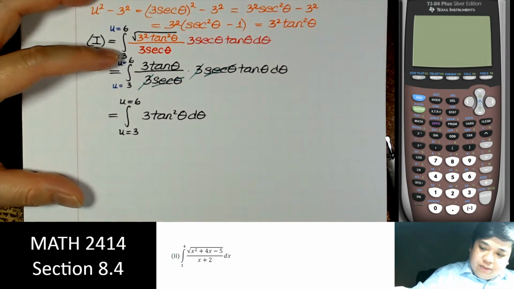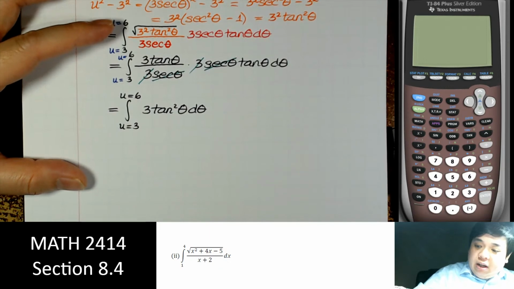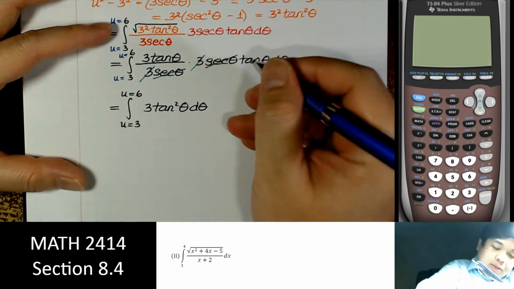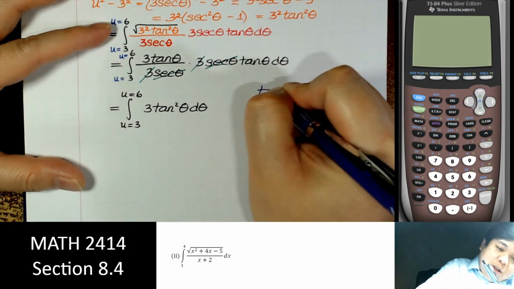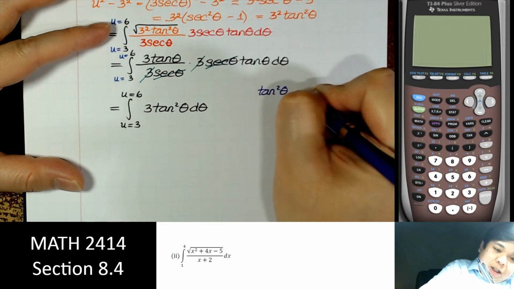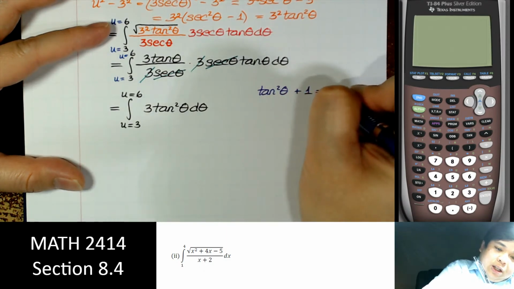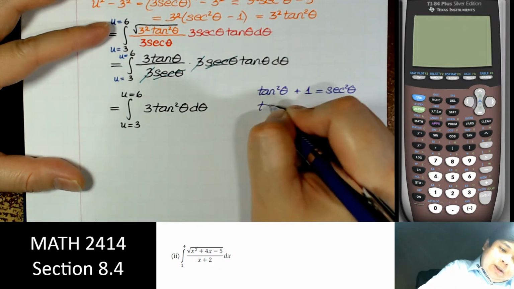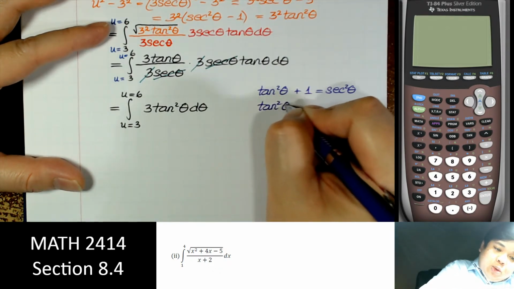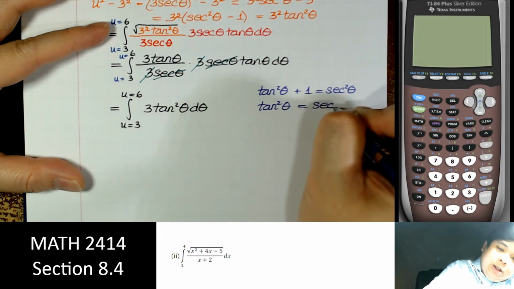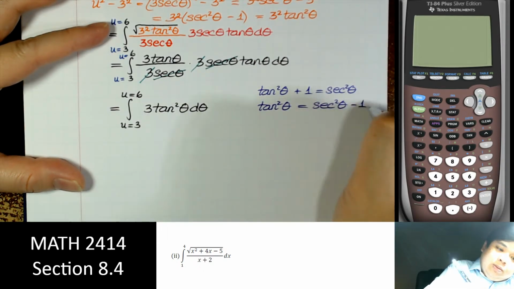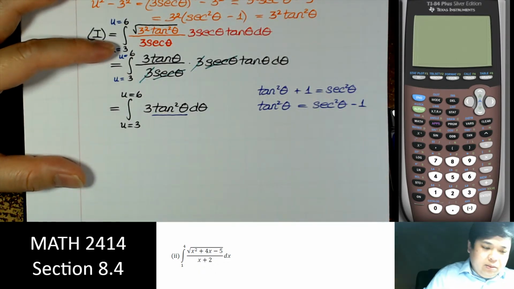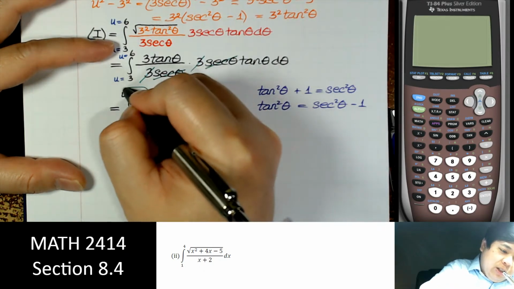Right, so Pythagorean identity: tangent square plus 1 is equal to secant square. Tangent square will be equal to secant square minus 1. Let's substitute into that. By the way, let's just take the 3 outside.